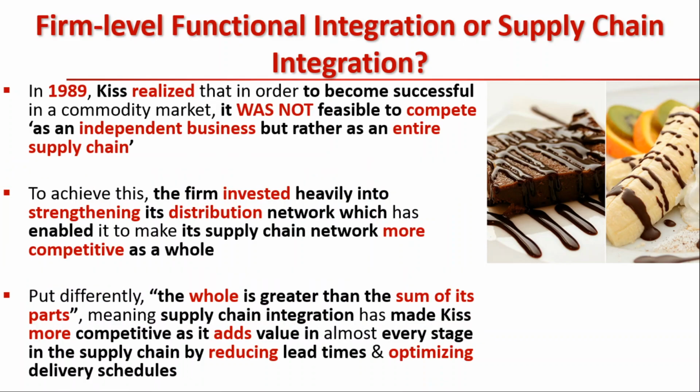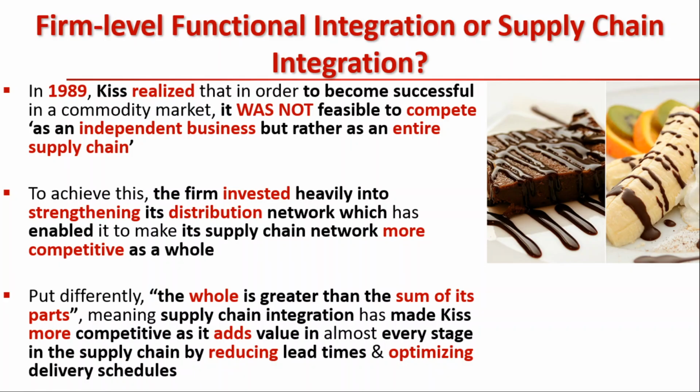So ideally in 1989 is where KISS realized that in order to become successful, it was not actually feasible for them to compete as an independent business, which is what they were doing when they were founded.